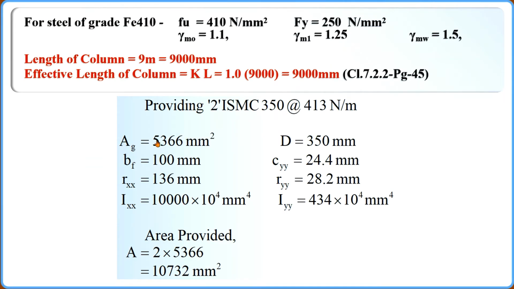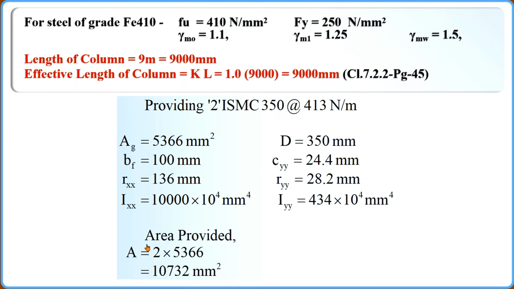The gross area is 5366 mm square, depth is 350, width of flange is 100 mm, and as given, the height of the column is 9000 mm, 9 meter. So the effective length we can calculate by using clause number 7.2.2, page number 45 of IS 800 2007. Here the multiple factor will become 1 as both ends are hinged.